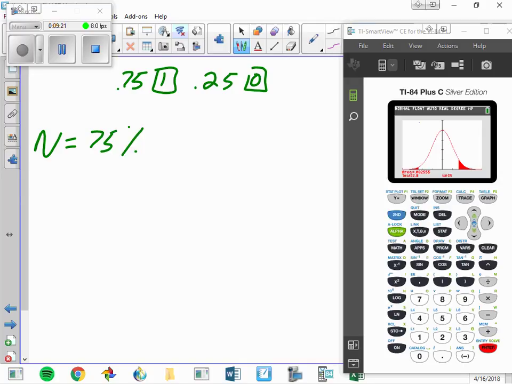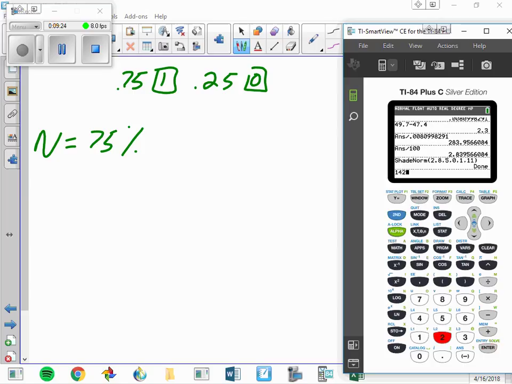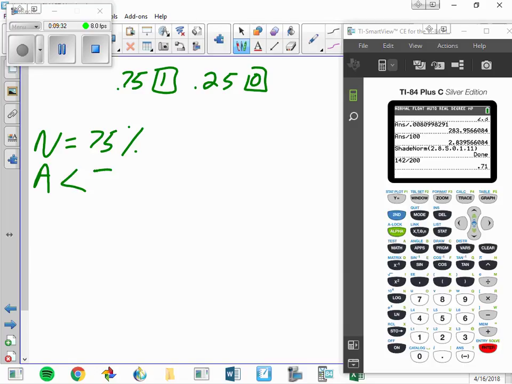And then I take 142 and I divide it by 200. And my alternative is going to be less than 71%. So 75 goes in the middle, 71 goes on the left.